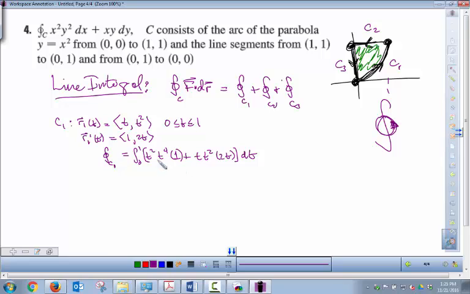I think this simplifies to t to the 6th plus 2t to the 4th, and then if you integrate this from 0 to 1, this will just be t to the 7th over 7 plus 2t to the 5th over 5.